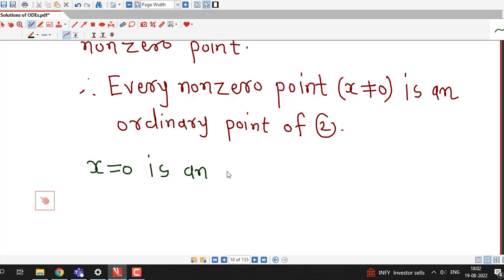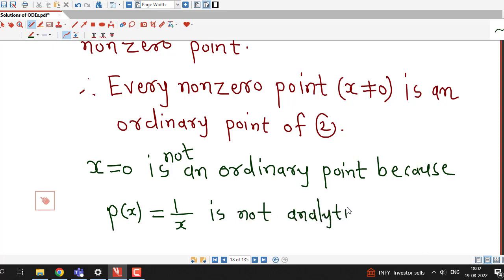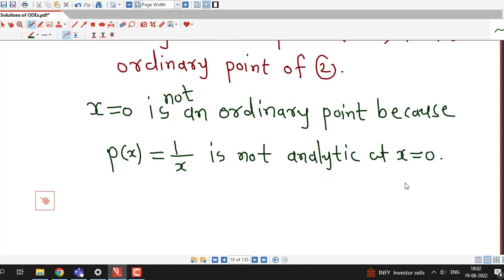First we write that x equal to 0 is not an ordinary point, because p(x), which is 1 by x, is not analytic at x equal to 0.